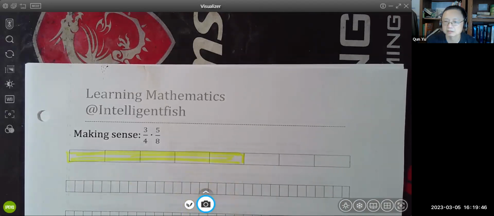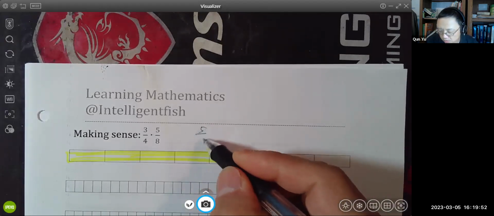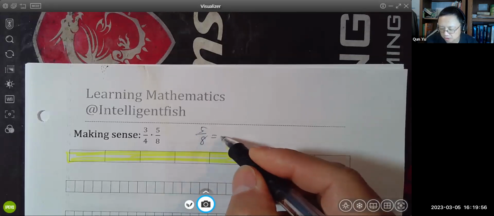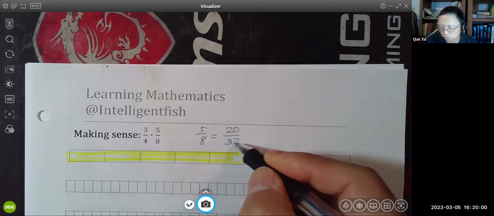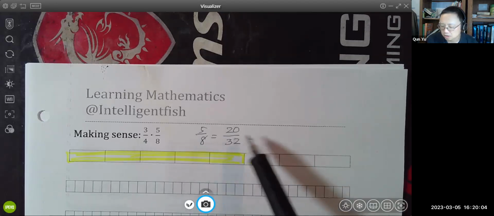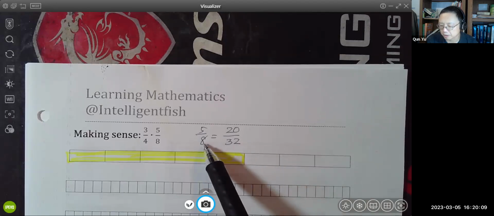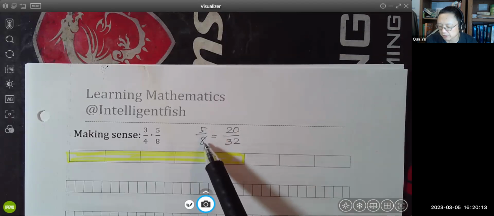Now 5/8 is equivalent to, if we multiply by 4 on both sides, 20 over 32. That means if I divide the whole thing into 32 parts instead of 8 parts, I get 20 parts, which is equivalent to 5 out of 8.